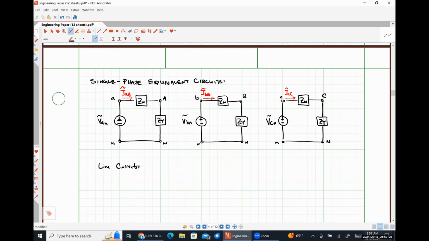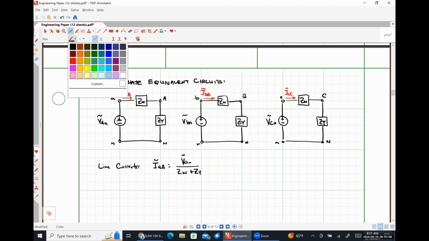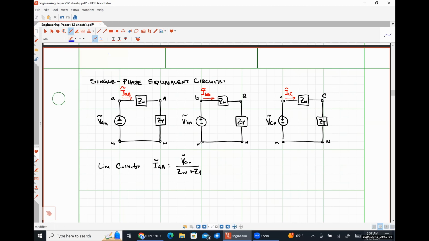Other way around. Ohm's law. It's still Ohm's law. So our line current IAA would be nothing more than VAN divided by ZW plus ZY. Okay, I agree with that.